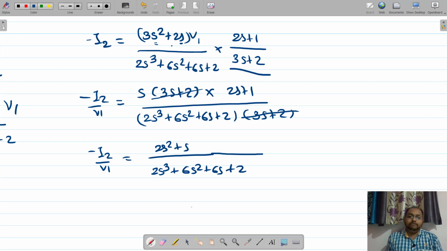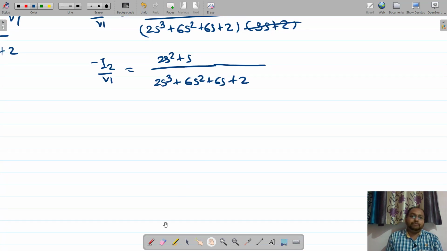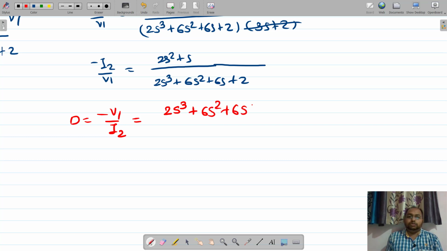And finally we need to take the reciprocal. So finally, minus V1 by I2, which is our B, is coming as (2s cube plus 6s square plus 6s plus 2) divided by (2s square plus s).